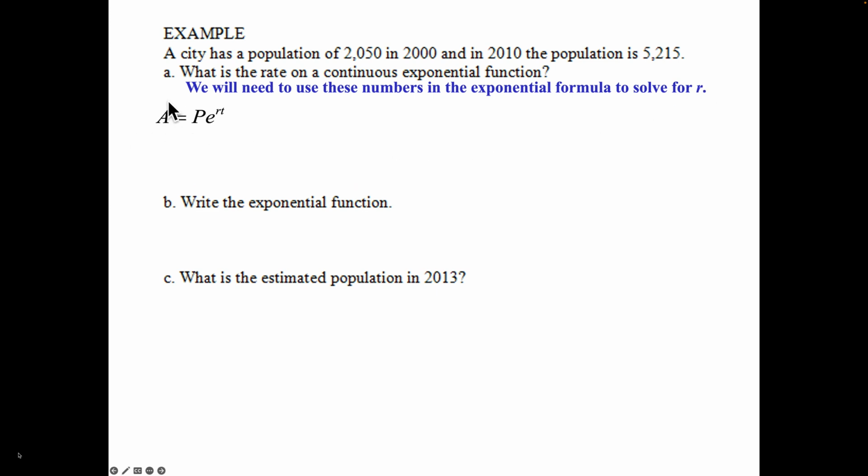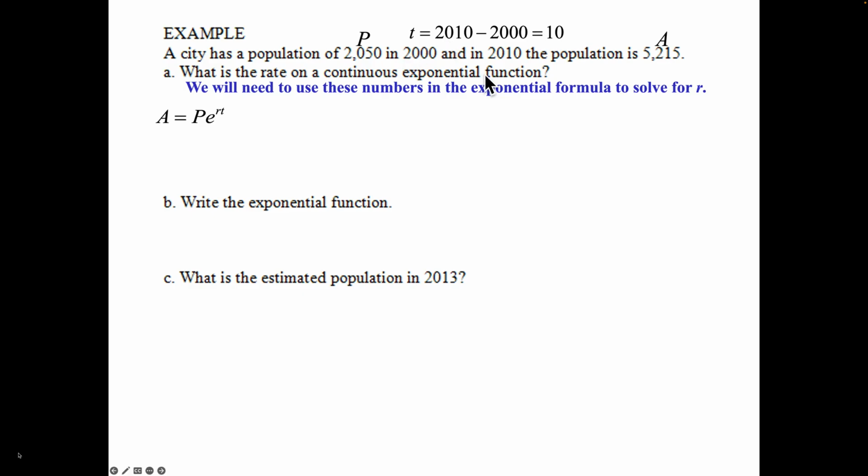So we're going to put something in for capital A, capital P, and the time. So P, that's your beginning balance, 2050 in the year 2000. In 2010, your ending population, okay, that's your A, 5,215. And when I subtract the years, my time is 10.